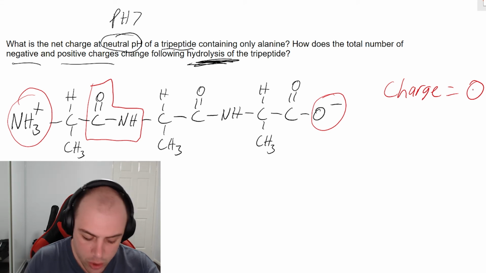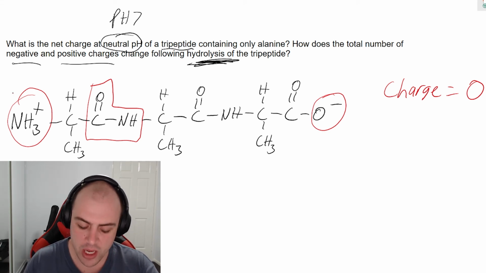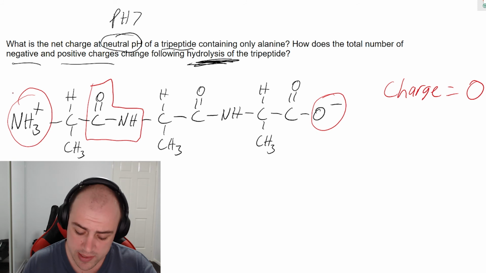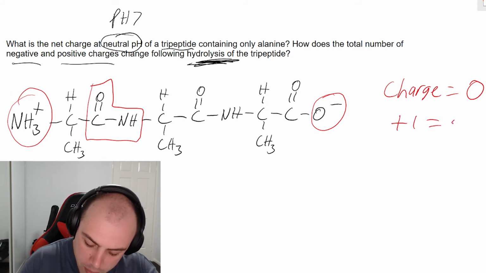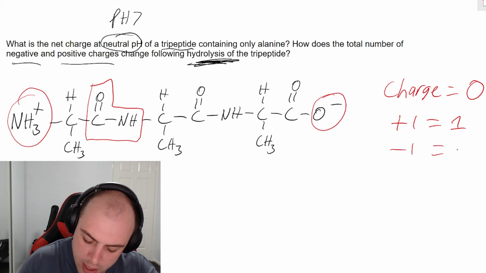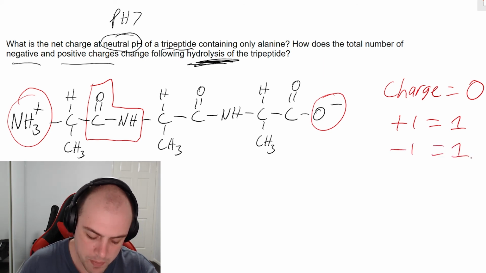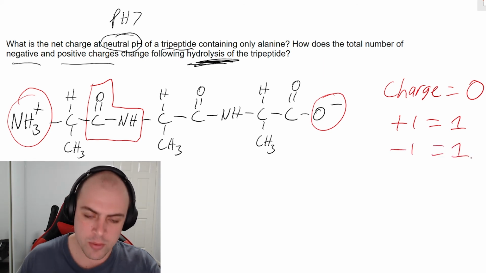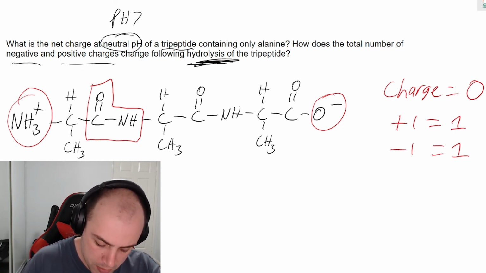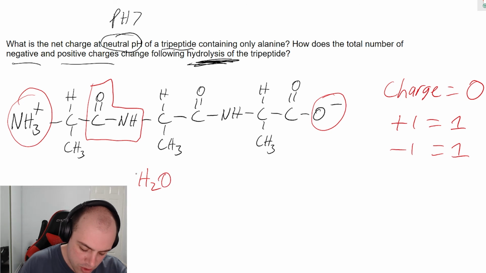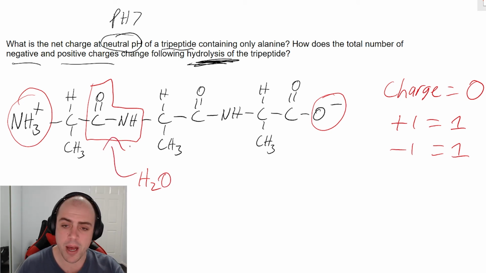Now, how does the total number of negative and positive charges change following hydrolysis? Well, at this stage, we have 1 positive charge and 1 negative charge. But when we undergo hydrolysis, that is using water to break this group apart, then what we see is 3 alanine molecules separated.